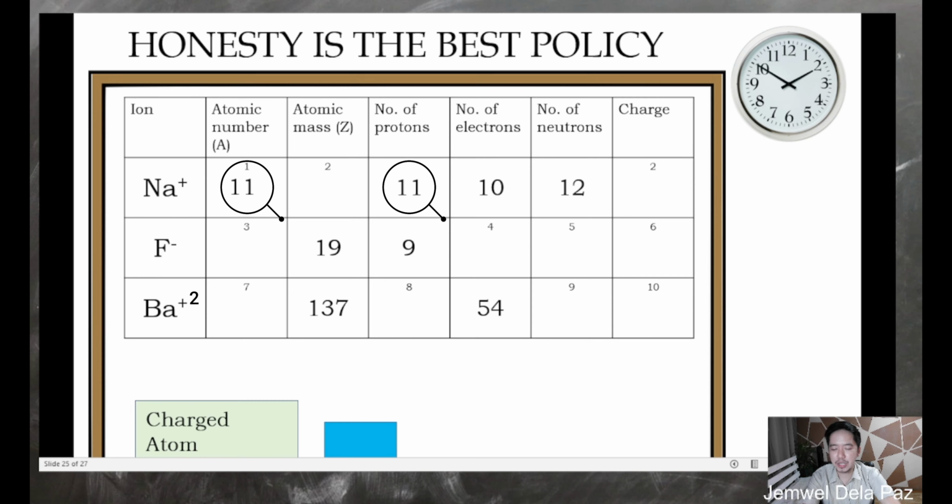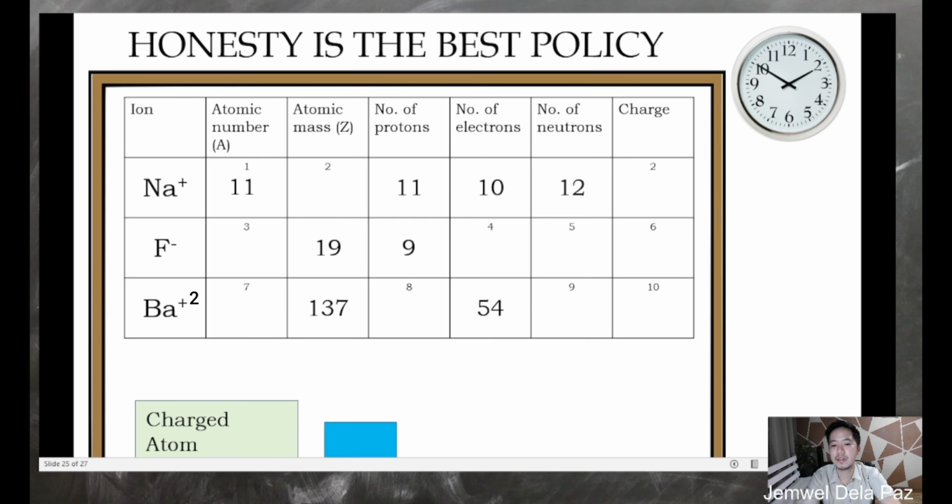Atomic number is equal to the number of protons. We do not change the number of protons of a given atom because the number of protons of an atom is its identity. If you change the number of protons, you change the nature of the element.